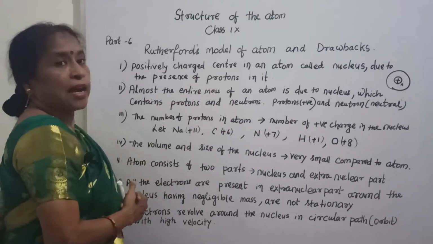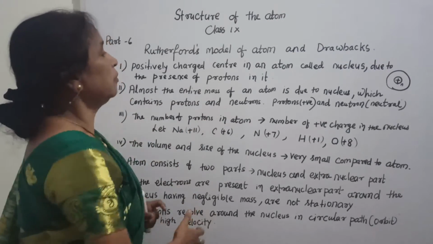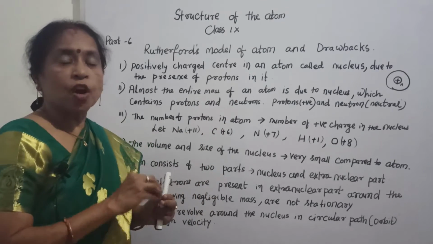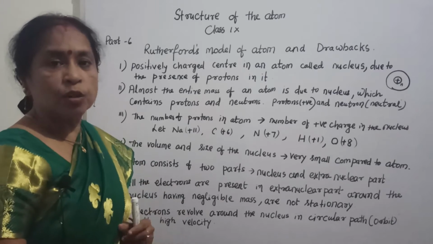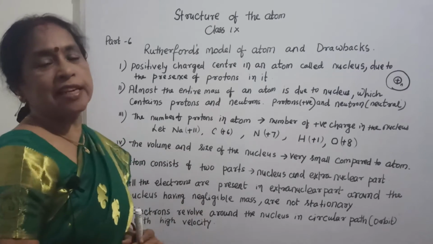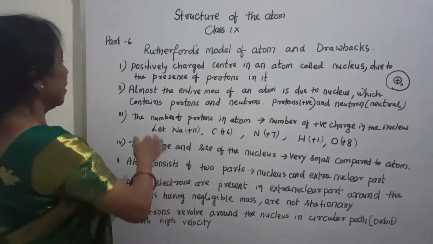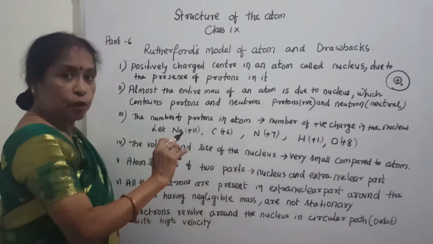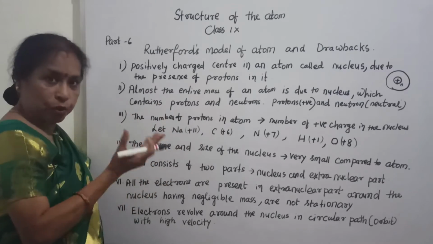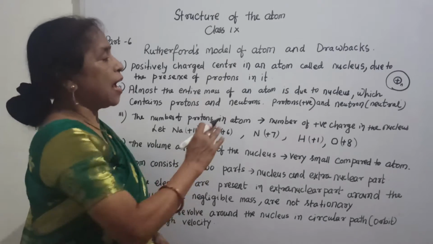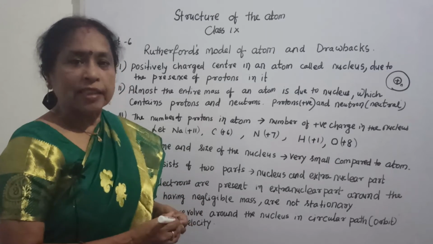Almost the entire mass of the atom is due to the nucleus. Why? Because the nucleus contains protons and also other particles, that is neutrons. That means almost the entire mass of an atom is due to the nucleus, which contains protons, which are positively charged, and neutrons, which are neutral.